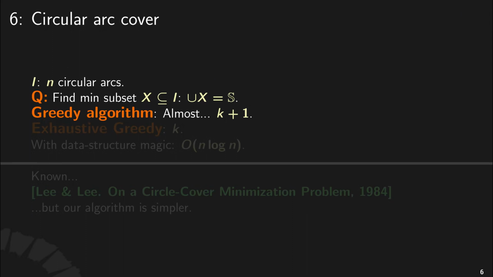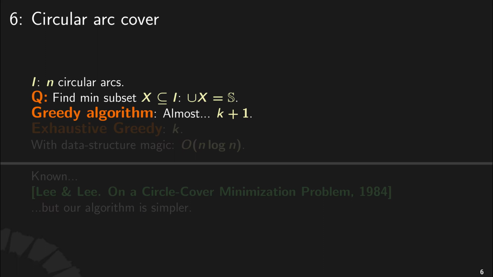You pick some arc and you start going clockwise, going as far as you can, add this new arc to your coverage and repeat this process until you get back to the original arc. It's easy to argue that this provides you with a solution which is of size opt plus 1. And in fact, it's the optimal solution if the starting arc is one of the arcs in the optimal solution.